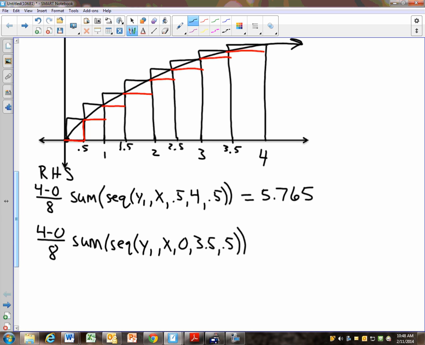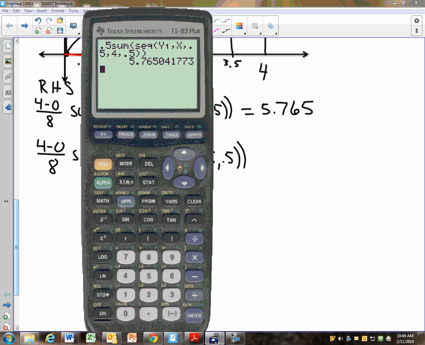Do you see the difference? The only thing that changes is your start and your end. That's it. So, if I take my calculator and I go second entry, it will grab the same piece.